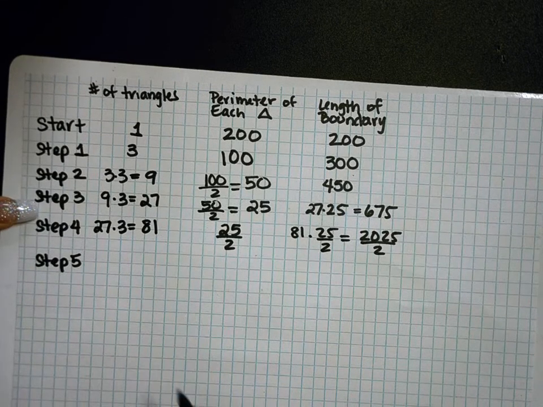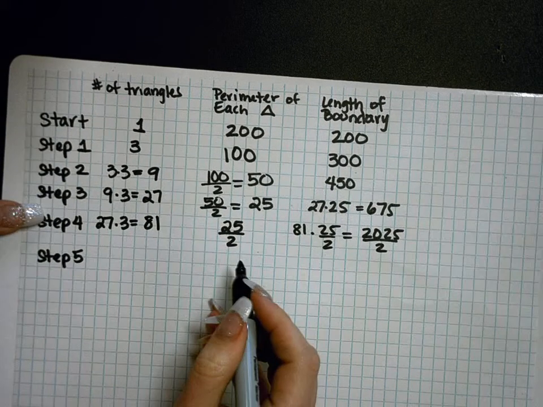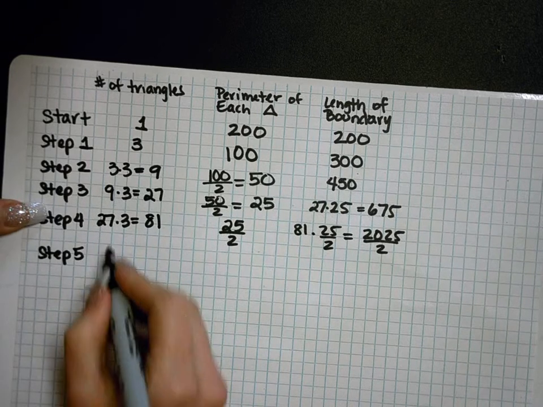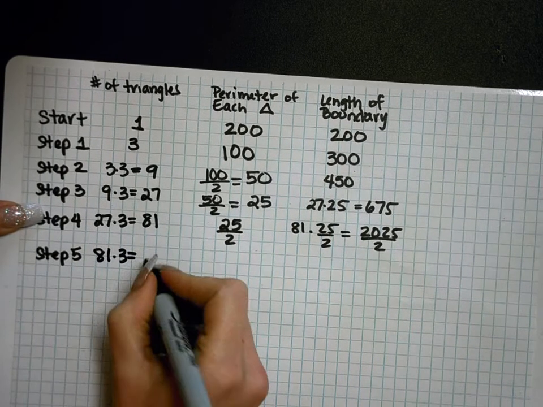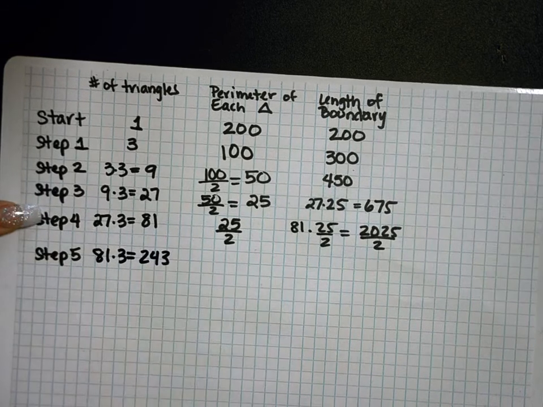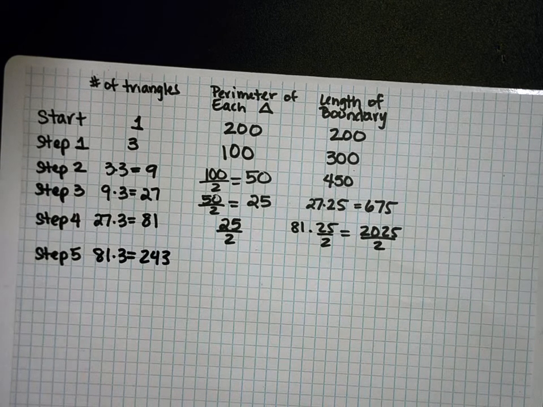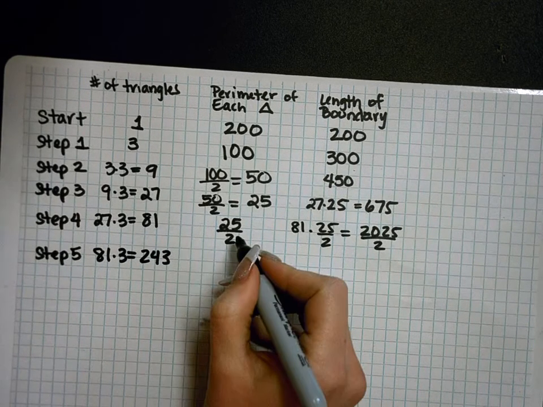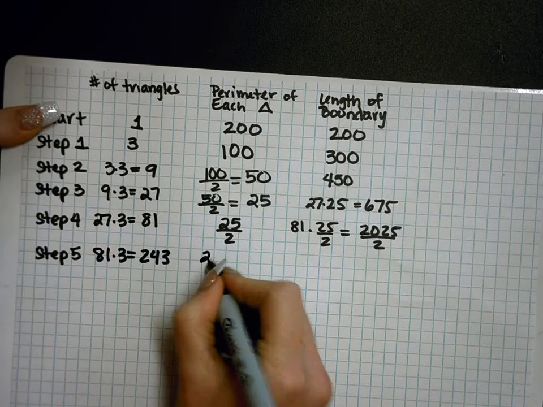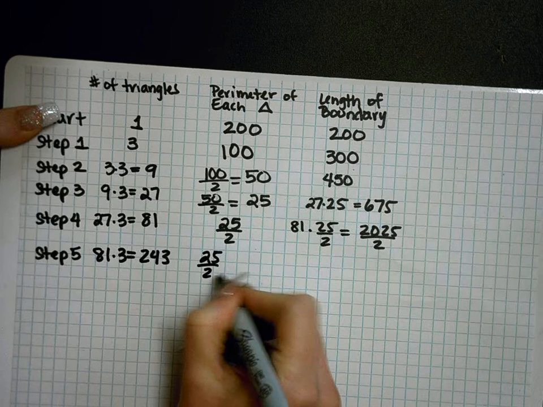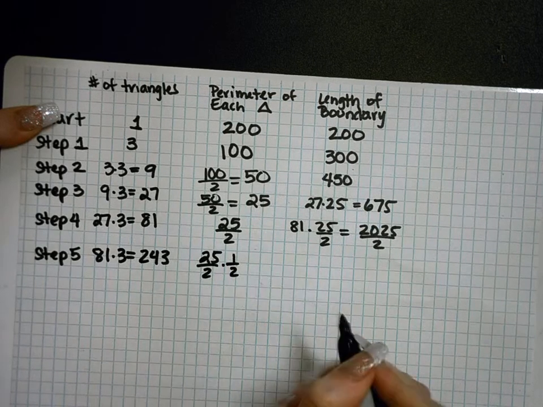We're just going to repeat the same process. Each one of those 81 triangles is going to increase in step 5 by a scale of 3, and we end up with 243 triangles. The perimeter of each one of those triangles is going to be half as big as the previous step. So that's 25 over 2 divided by 2, which would be times 1/2.